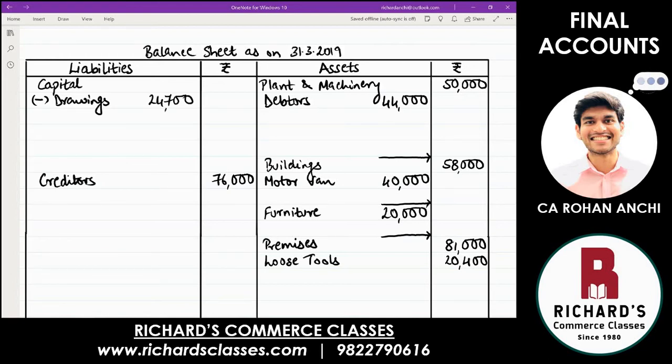All adjustments relating to capital at the end we will close and find out. Minus drawings. Then continue. Bank overdraft, that is a liability. So below creditors, write down bank overdraft. Amount is 22,000.